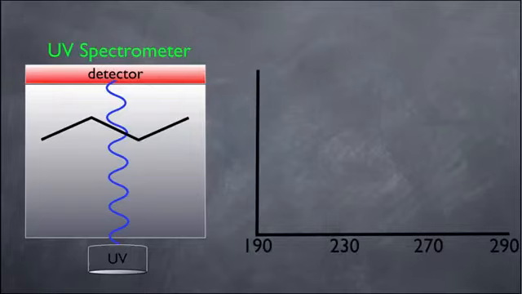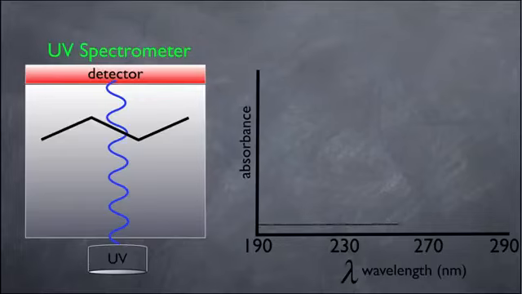On the y-axis here, we have absorbance, all right? And on the x-axis, we have the wavelengths in nanometers for UV light. And since the detector detects the light, it basically says there was no absorption. Your molecule absorbed none of the light. So you'd get a flat line like this.